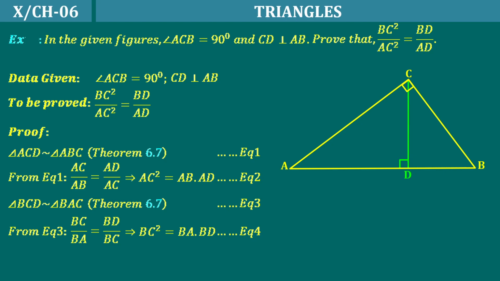in equation 1 we have pronounced the bigger triangle as triangle ABC. In equation 3 the same bigger triangle is pronounced as BAC, because please do remember this thing, whenever we are proving any congruency or any similarity, we need to follow the sequence.